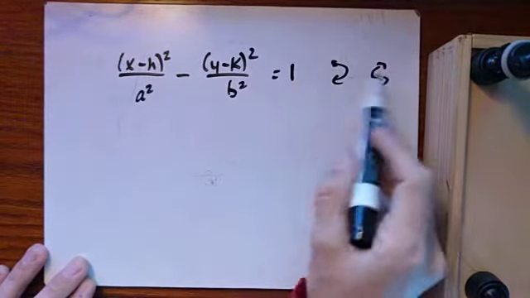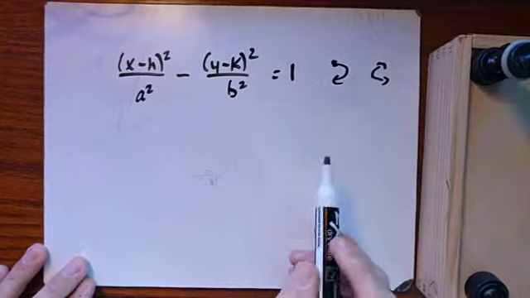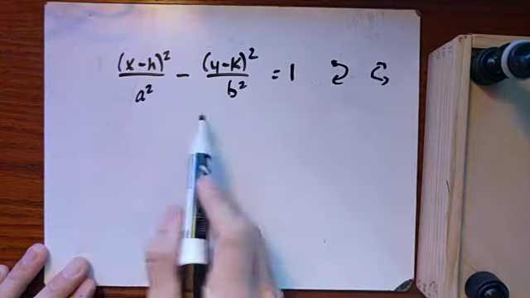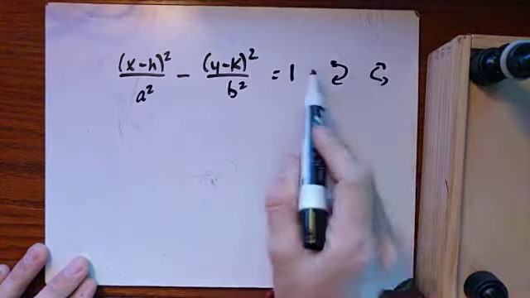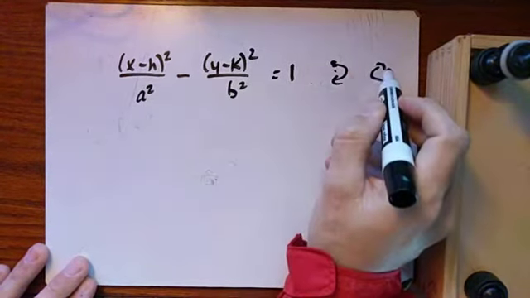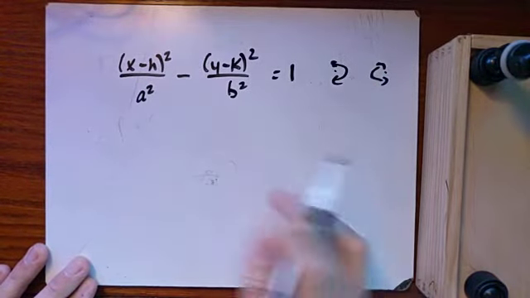Its major axis, or we'll call this the transverse axis if you're reading in the textbook, is horizontal, and so x is of course horizontal. So it's kind of oriented along the x-axis, and the foci are inside these two curves.